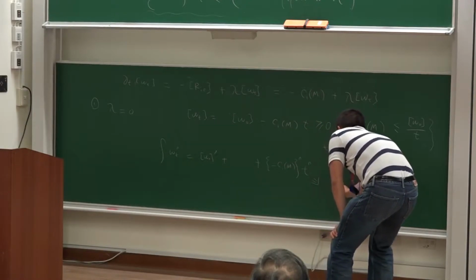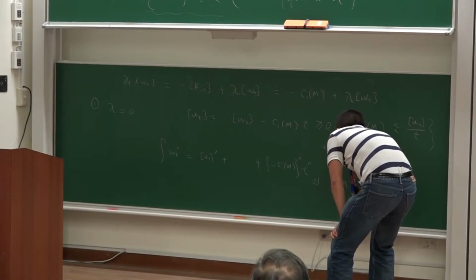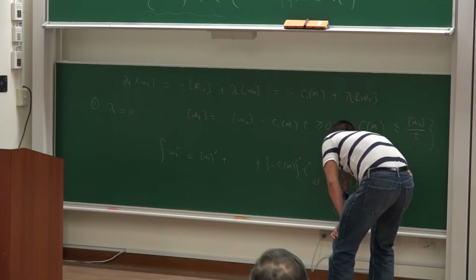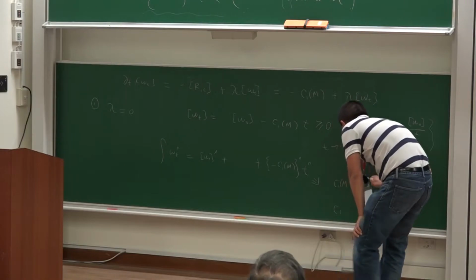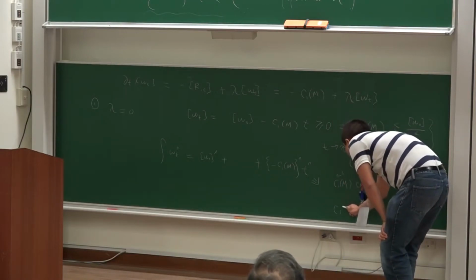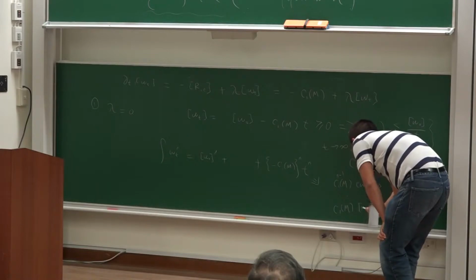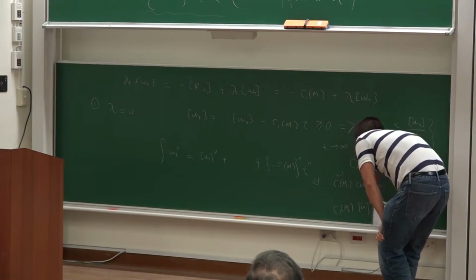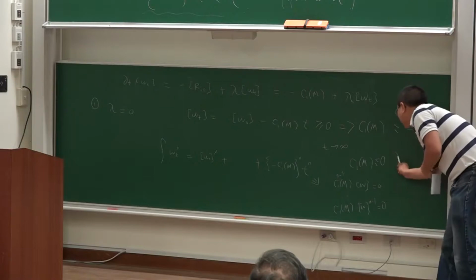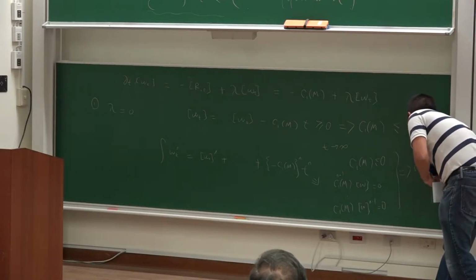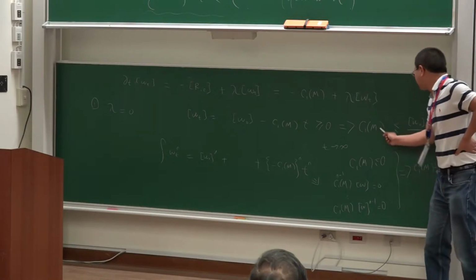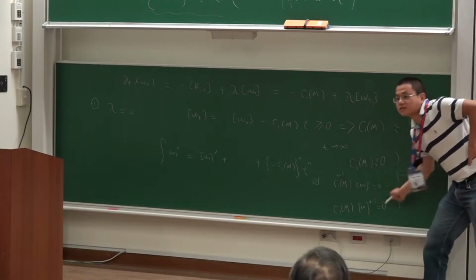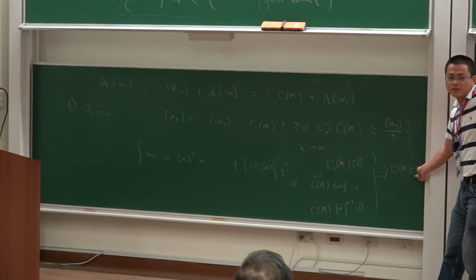Like that, c1(M) dot omega to the power n minus 1 is 0. Okay, so then you force that c1(M) must be 0. We already know that c1 is less or equal to 0, and this quantity forces that c1 must be 0.